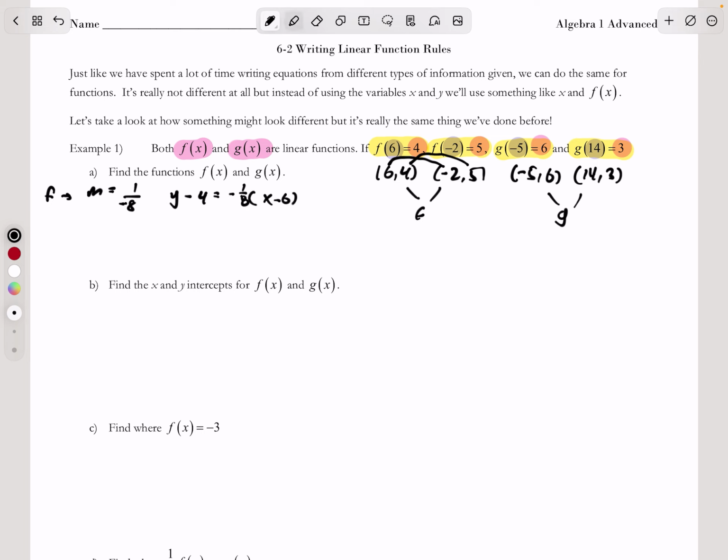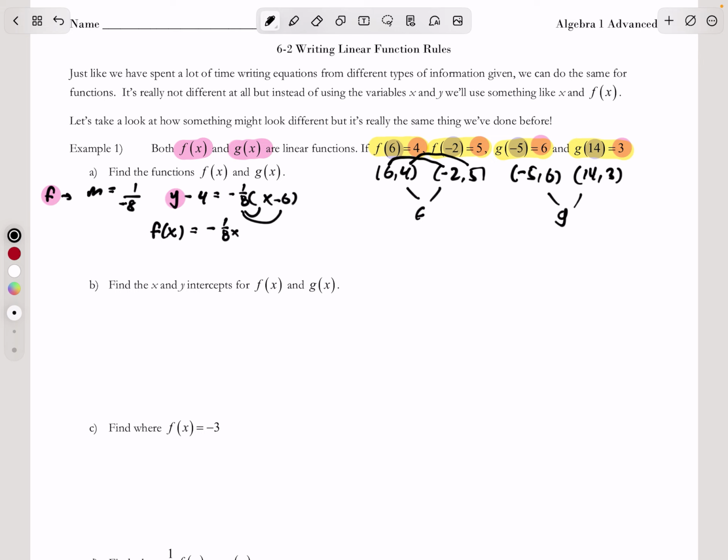And remember, y is synonymous with f, or f of x. So I'm going to write this as a function by saying y, which is f of x, and I'm going to add the 4 to the other side mentally. So I have negative 1/8 x. I'm distributing negative 1/8 times 6, negative 6/8.